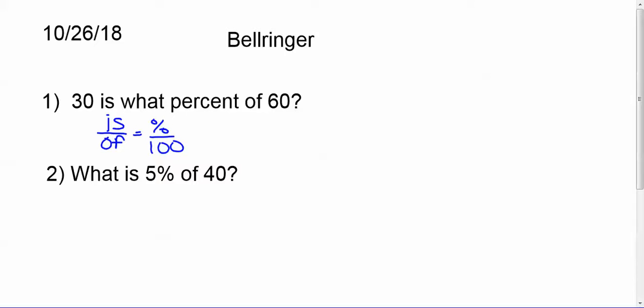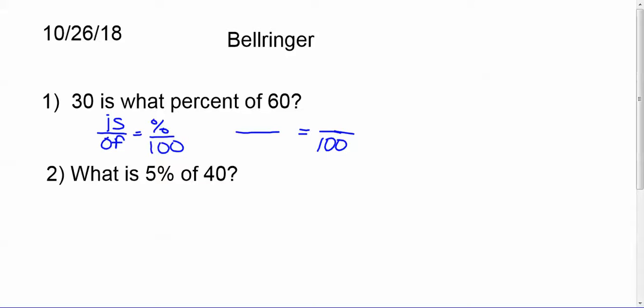It's well worth the 6 seconds you're going to invest in that to get this correct. So that's the setup. We are now going to fill in what we know. We've got 30 is what percent of 60. The 100 here, because percents are out of 100, is a freebie. What else can we put in this little setup, Cruz? 30. Very good.